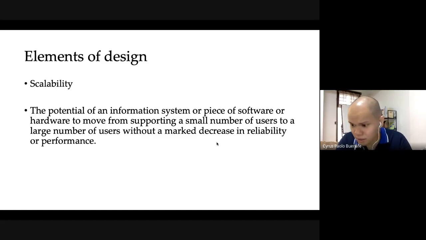Okay, but regardless, you'd still want to have a system that is scalable, that can really consider a large number of users sometime in the future, even if it is not currently applicable at the present.